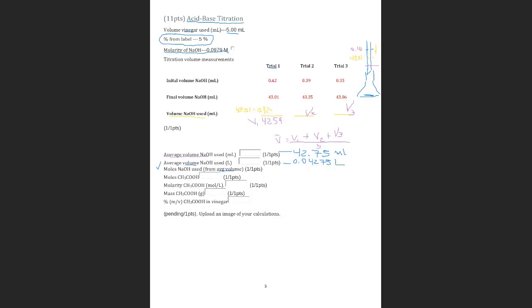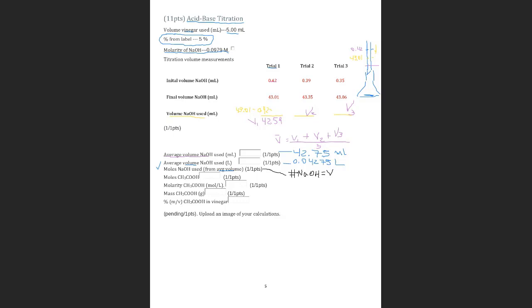I am here now. The number of moles of sodium hydroxide is going to be volume. In this case, we still don't use the molar mass.